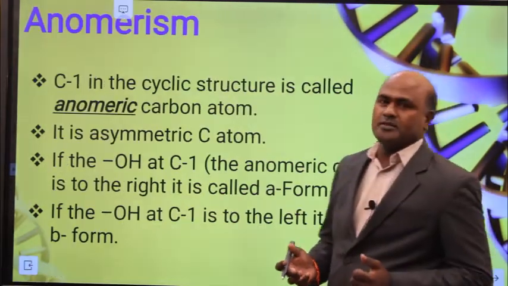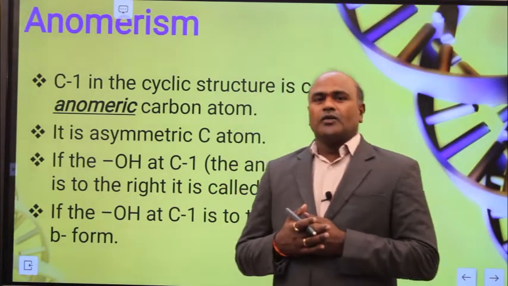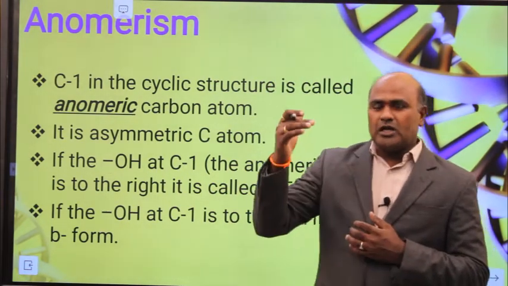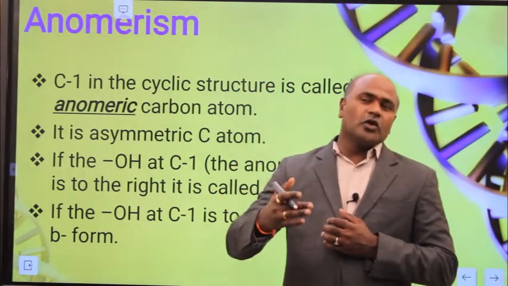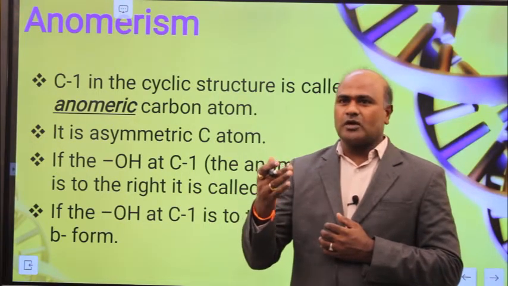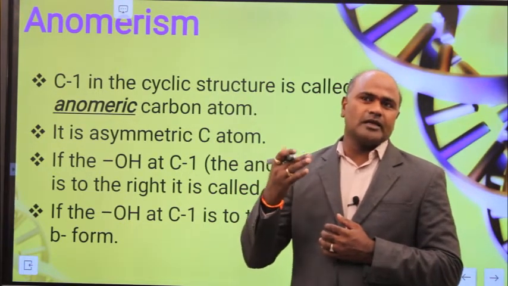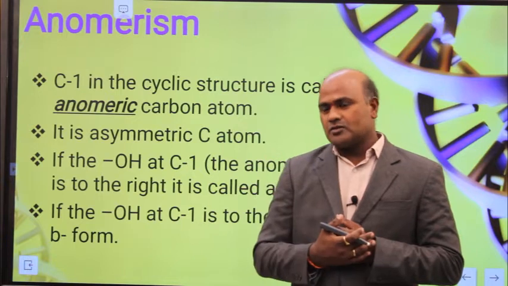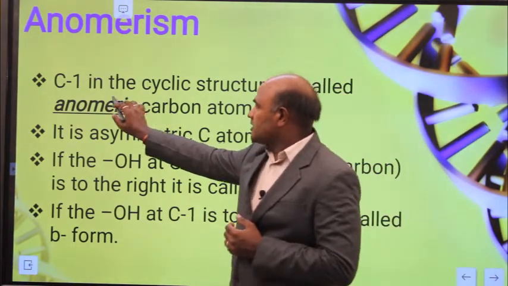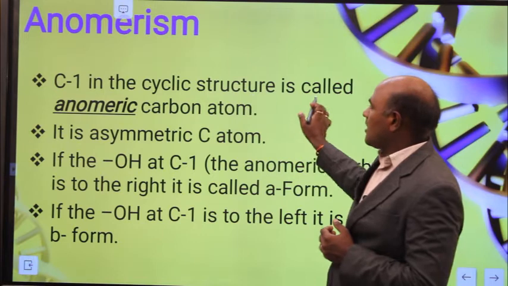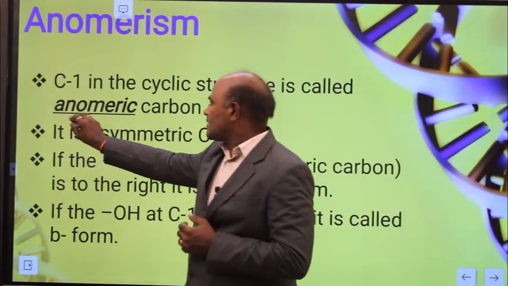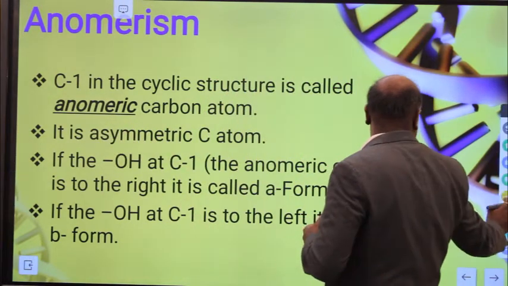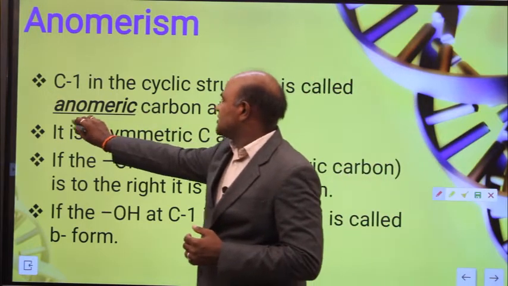Coming to anomerism. What is anomerism? If you look at the glucose structure, we know glucose is C6H12O6, containing six carbons.